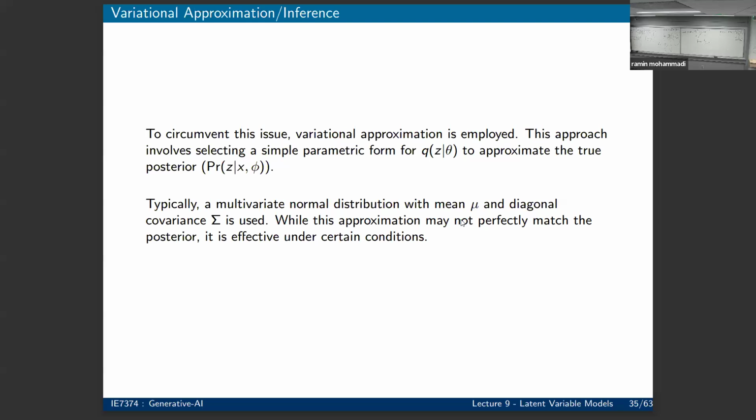Normally, we pick it to be a multivariate Gaussian with a mean and a covariance matrix, which is more common to see in VAE.